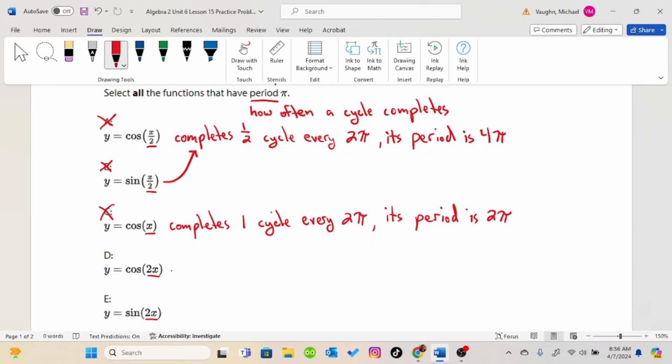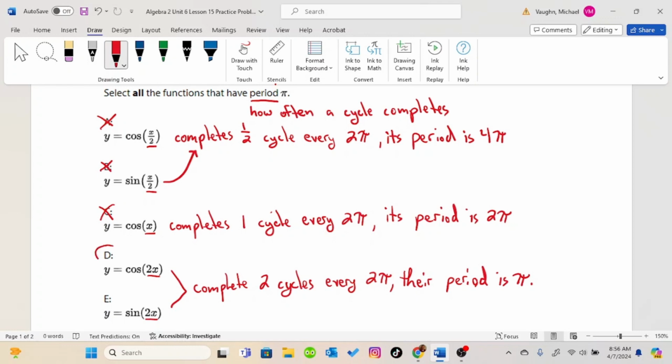D and E complete 2 cycles every 2 pi. Their period is pi. That's what we're looking for. So D is correct and E is correct.